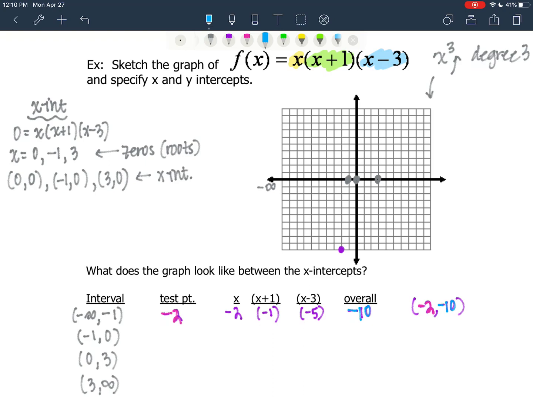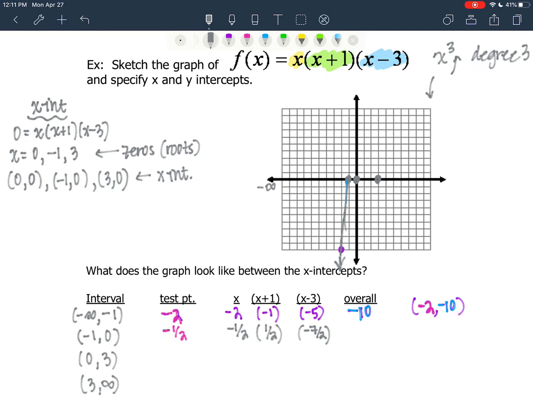Okay, so what's happening to the left here is that our graph is falling. Let me do this in gray. So our graph is falling to the left. So what's happening in between -1 and 0? Well, in between -1 and 0 is -1/2. So I'm going to put a -1/2 in. x is -1/2. -1/2 plus 1 is +1/2. And -1/2 minus 3 is -3.5, which is -7/2.